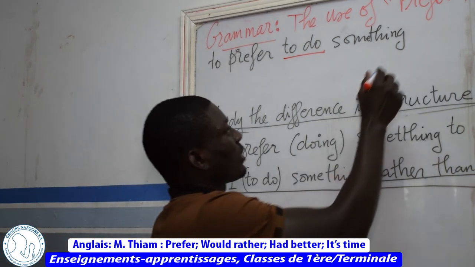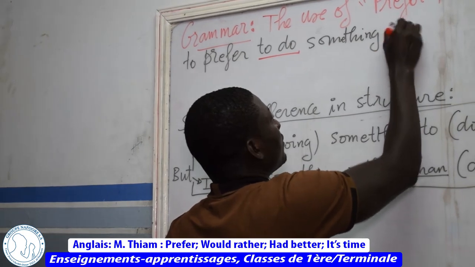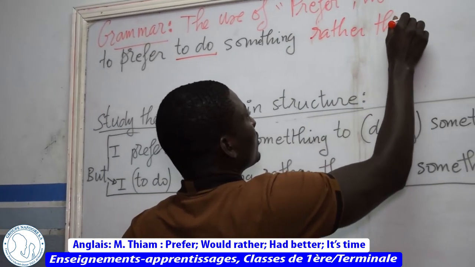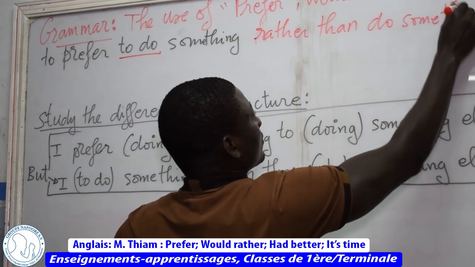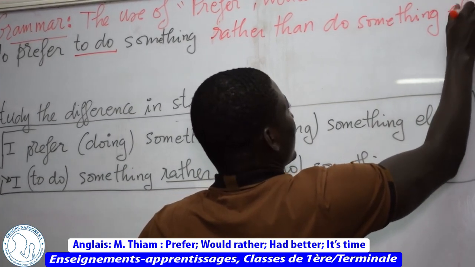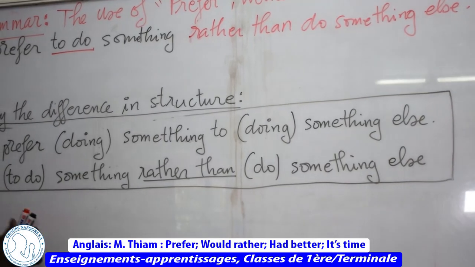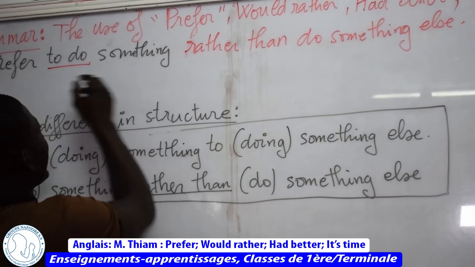I prefer to do something rather than do something else. Okay? Rather than do something else. This is the case where you prefer to use the infinitive form.